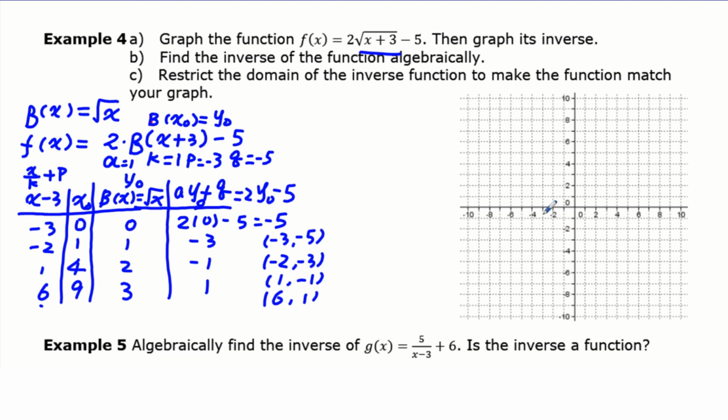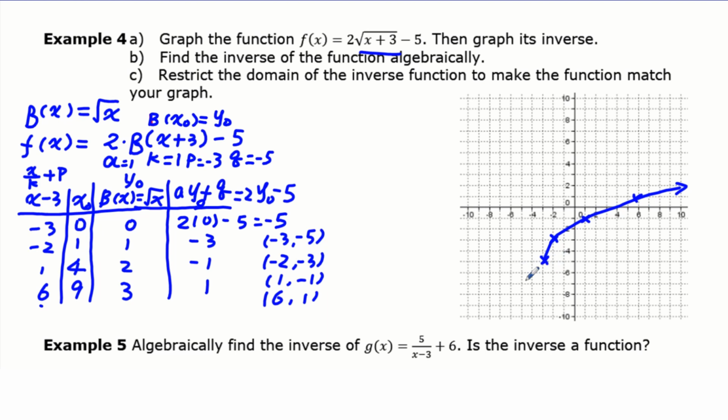So -3, -5, -2, -3, 1, -1, 6, +1. So connect them.